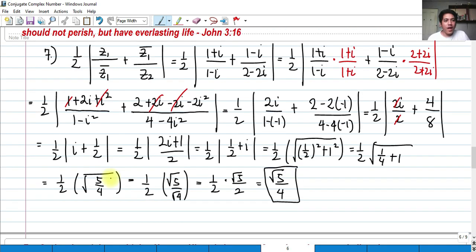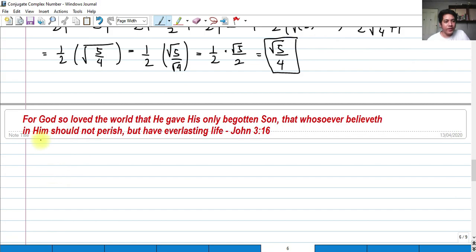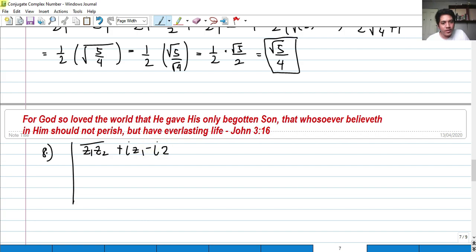And as for our last problem for today's video, we have number 8. We have the modulus of the conjugate of z sub 1 multiplied by z sub 2, plus i z sub 1 minus i z sub 2, all over the conjugate of the sum of z sub 1 and z sub 2.